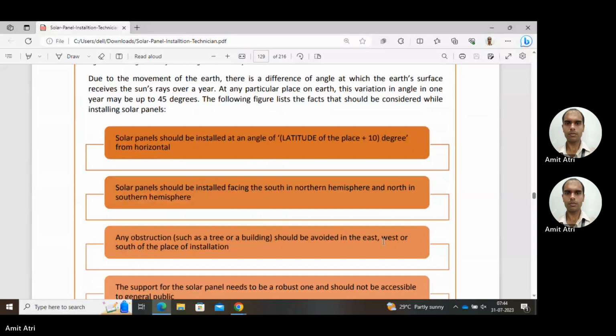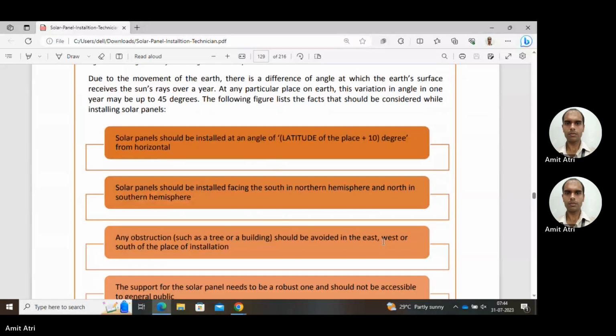Then 10 degrees from that latitude, there we have to place our panel. The inclination of the angle should be this much. Next, solar panels should be installed facing the south in the northern hemisphere and north in the southern hemisphere, so that the maximum light should be available at the surface of the panel.